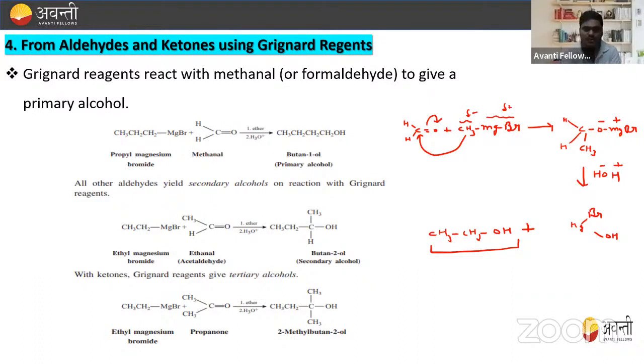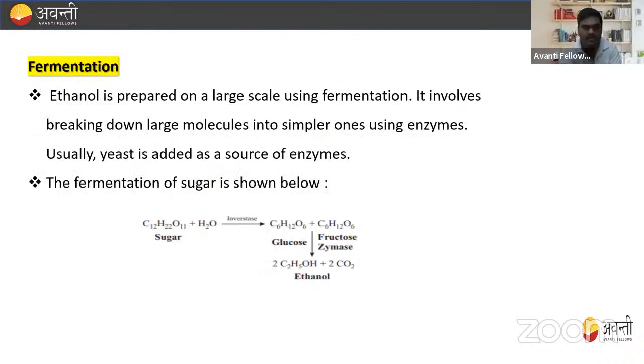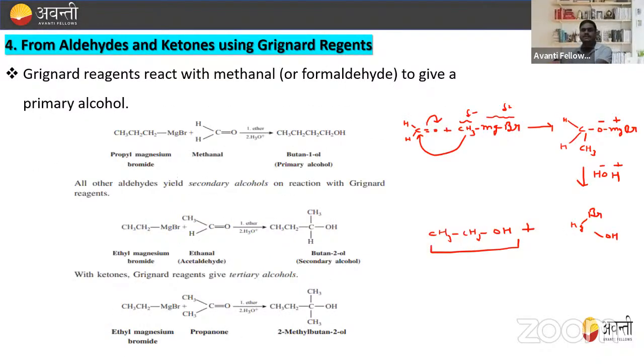So you want to see how it will give this? Okay, so let me explain this as well. Let us assume we have a ketone like this, right? Ketone having two CH3 groups. Now the Grignard reagent comes into the picture, that is CH3, Mg, and this is Br. Again, this is partial negative.